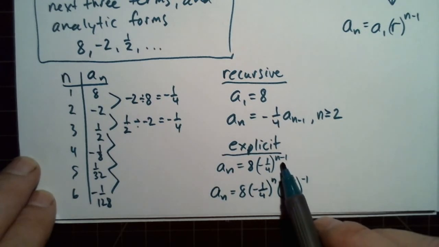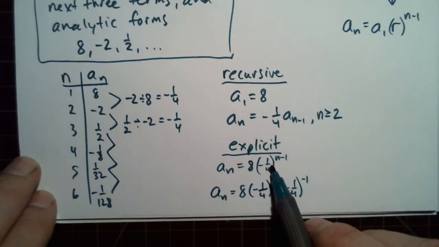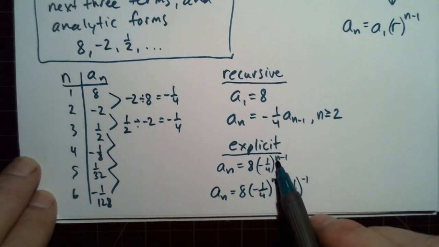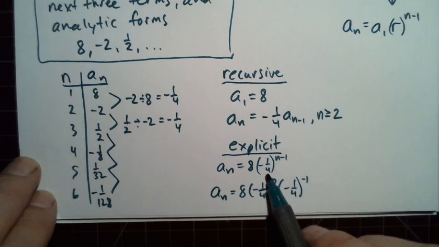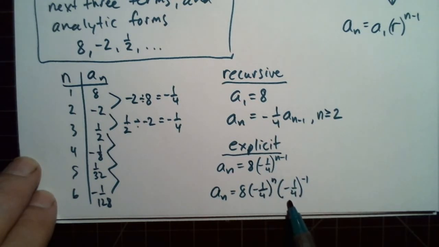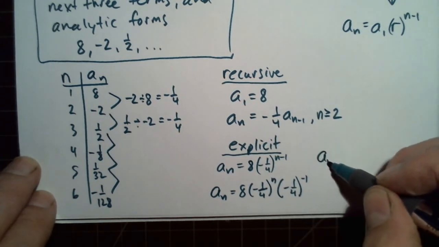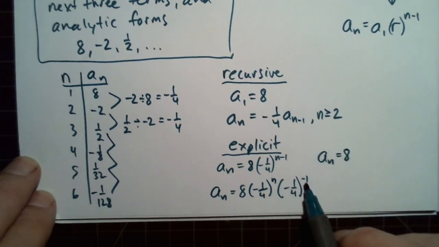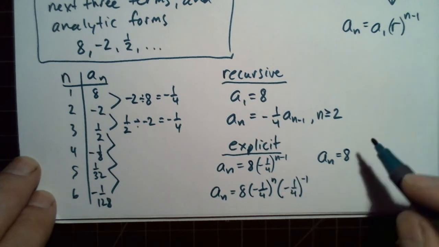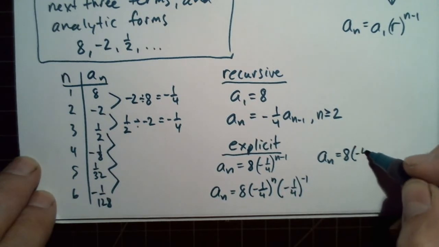So when we have an exponent, we can split this base up into the base to the power of n times the base to the power of -1, and that's just an exponent rule. We can break it up like this. So now we have 8. This -1 means reciprocal, so that'll be times -4.